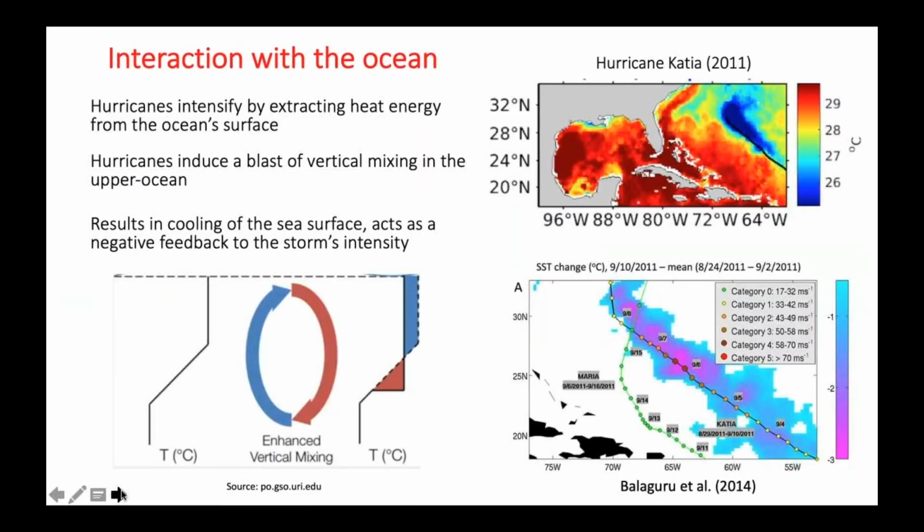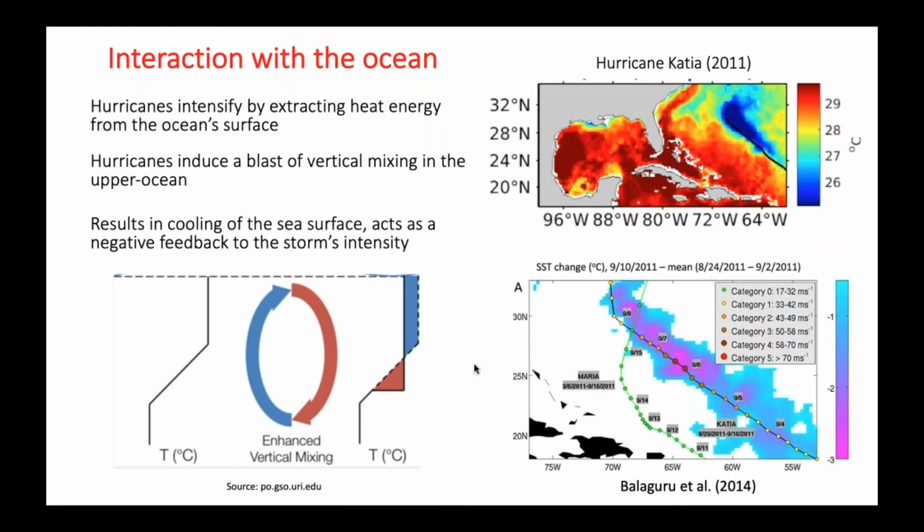So before we go further in this topic, I want to give you a brief overview of how hurricanes interact with the ocean and some of the physical aspects of it, which are very important for us to understand the later part of today's talk.